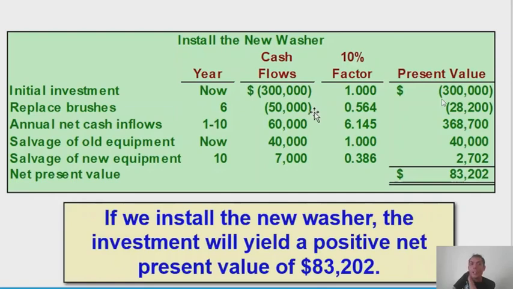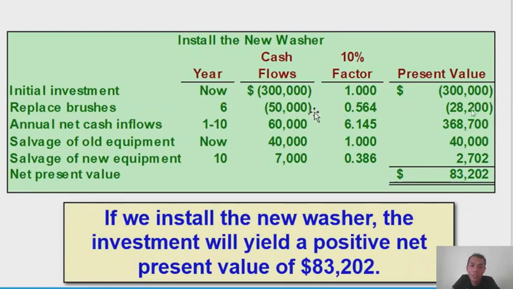Hindi siya nagde-devalue. Now, di ba sabi natin kanina sa year 6, meron siyang replace brushes. So, this one's a repair and maintenance. Since palabas ang pera, sa epekto niya ito is pabawas. So, that's why we have a parenthesis. Since this one will happen in year 6, if you bring that value to year now or present period, ang value lang nun ay 28,200.